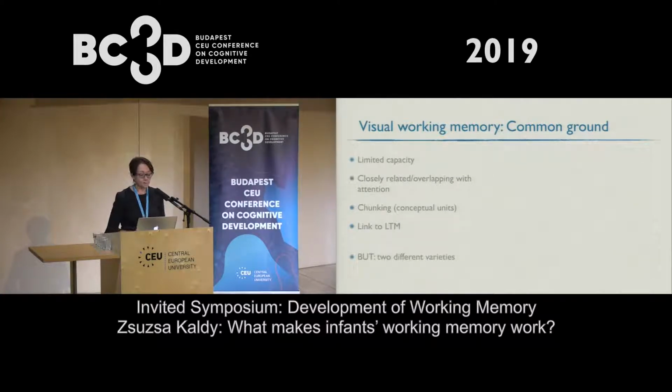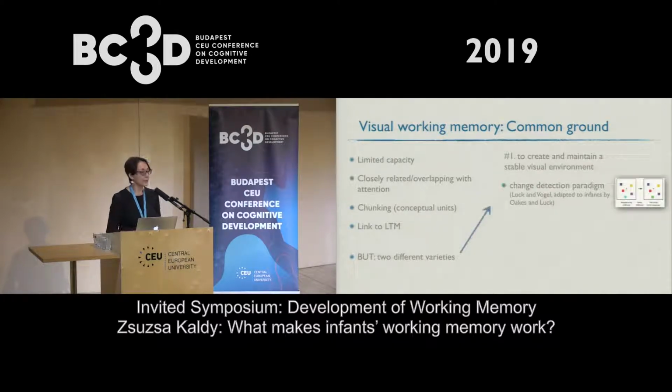However, in the past 25 years in the literature, two different varieties, or two different interpretations or types, of visual working memory have been identified. One of them, which I'm going to call variety number one, is a mechanism which has a goal to create and maintain a stable visual environment around us.